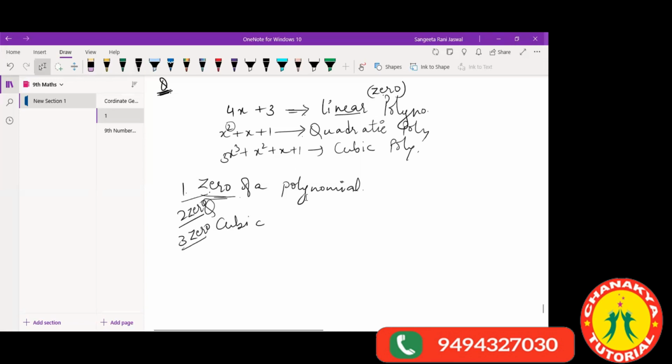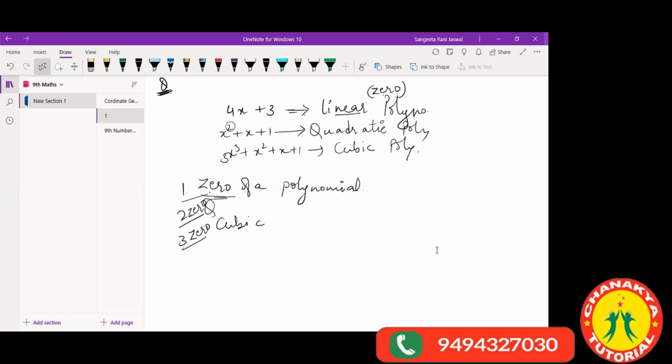Okay, so we'll move ahead with this. Coming to the chapter part, let's see some questions. In exercise 2.1, I had told you to complete it in the homework. Did you all do that?